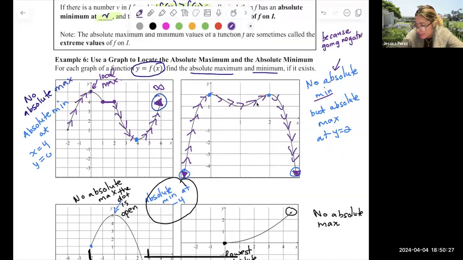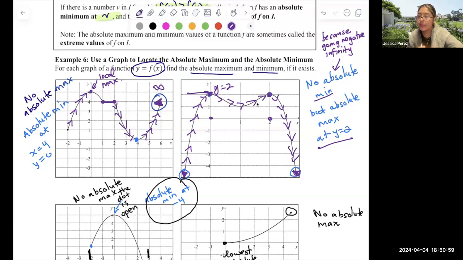Look at the arrows. But what about the absolute maximum? What is the highest point? The highest point is when my Y value is equal to 2. And at what X locations? At X being 0 and X being 2. But remember, I don't care about the X, I care about the Y if I'm looking for the absolute max and min.